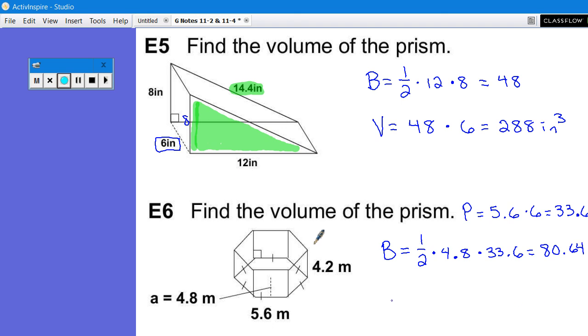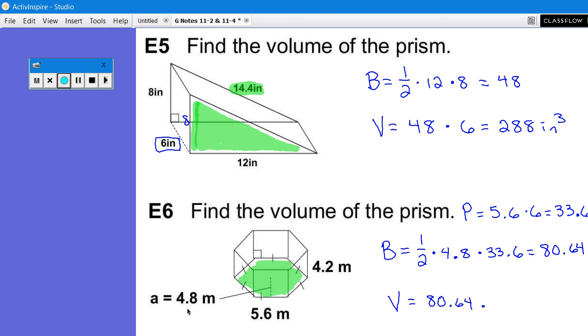So then plugging into your volume formula, again, the volume formula is going to be every single time the area of the base times the height. So the area of the base is 80.64 times the height. The height is the distance between the two bases. Those bases in this case are, remember, these hexagons that make up the top and the bottom, this shape right here.